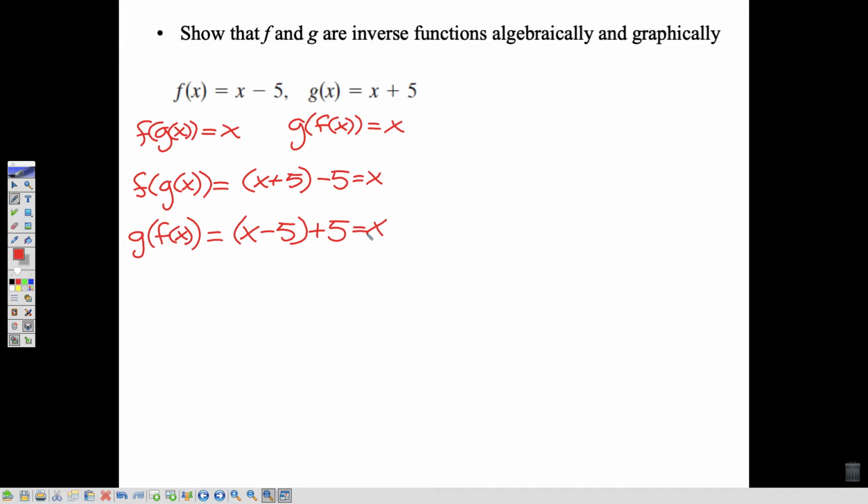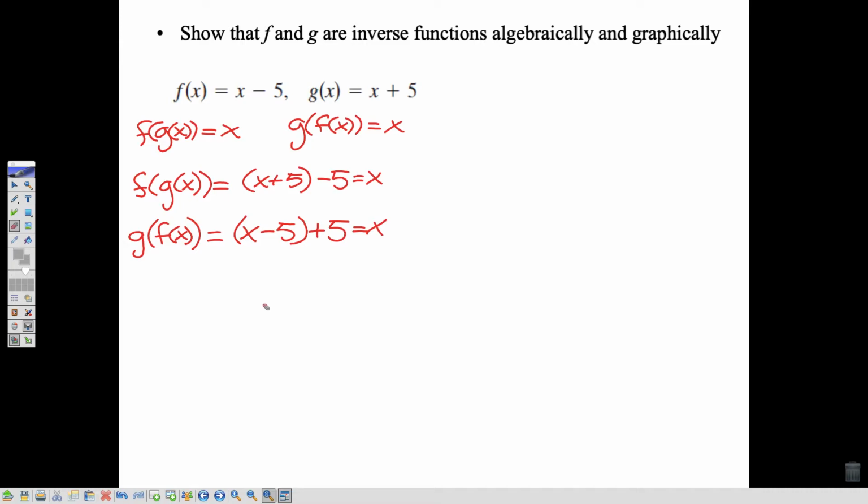Yeah, because if it was like this, it would be multiplication. But the negative's in between there. The biggest reason I do that is because if you do have a negative, we've got to remember to distribute, and if we don't put the parentheses in there, we tend to forget to.